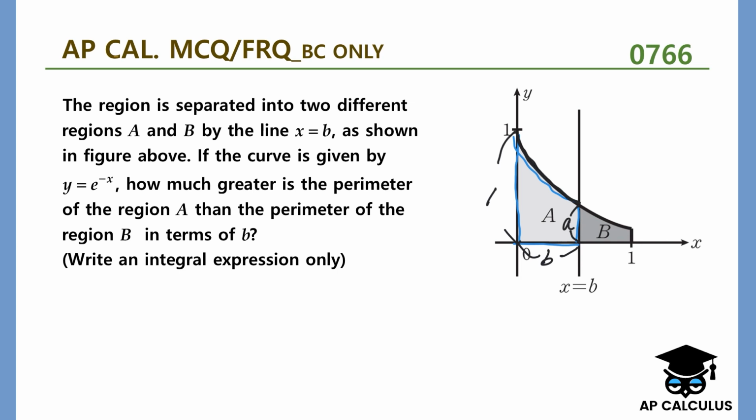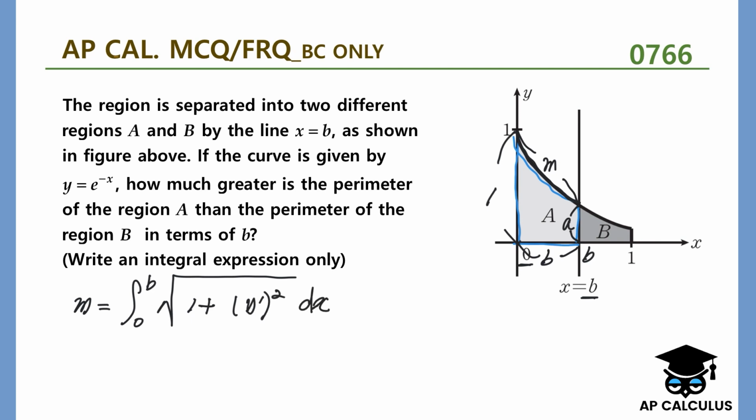Let the length from here to here be m. So m is the integral from 0 to b of the square root of 1 plus the derivative of the function y squared, dx.